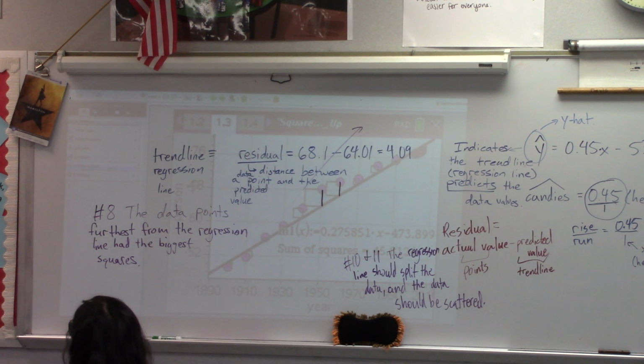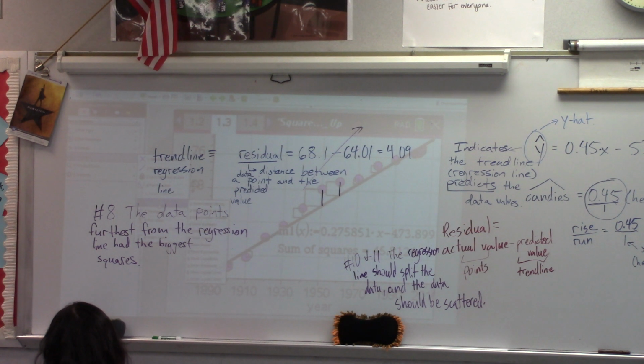Go to menu, then analyze, and then go to regression, and show linear regression. It should be the top of regression, okay?